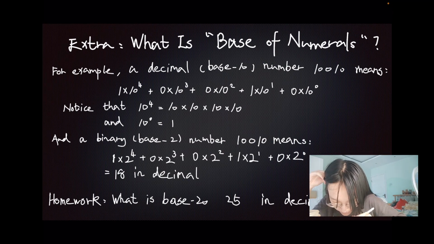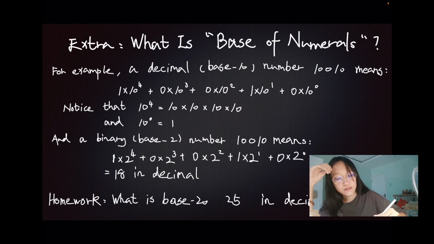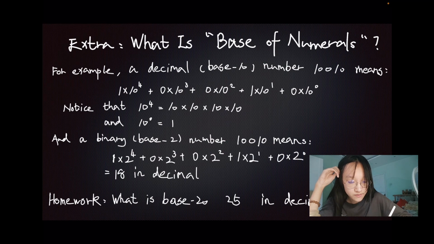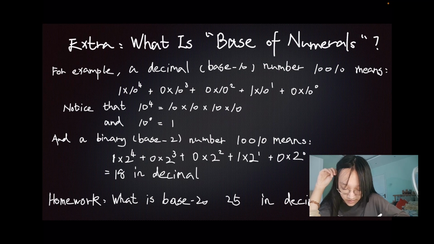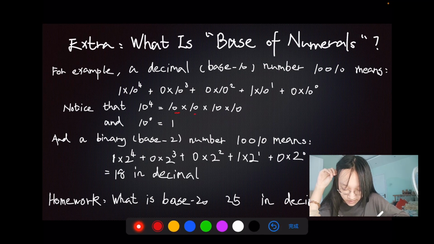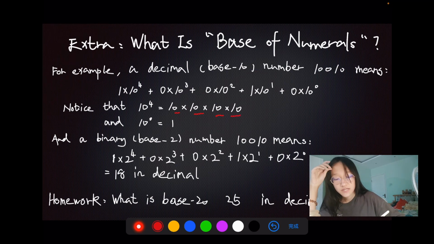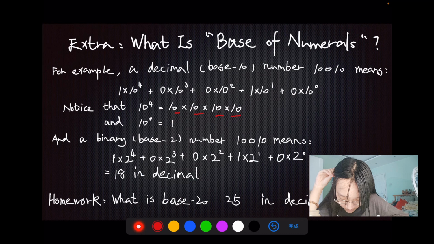For example, a decimal, base 10 number of 10010 means we have 1 times 10 to the power of 4, which means 10 times 10 times 10 times 10, we multiply 10 four times. And then we have 0 of 10 to the power of 3.